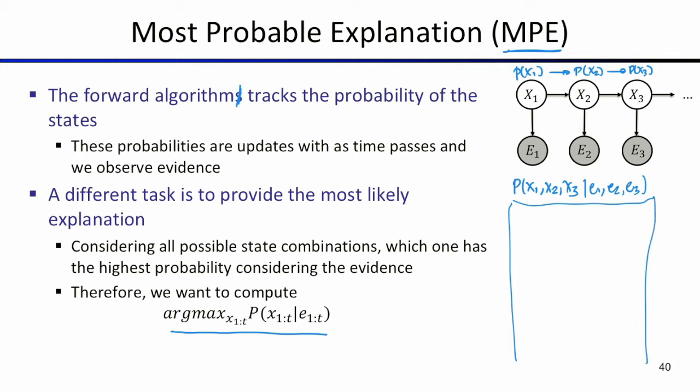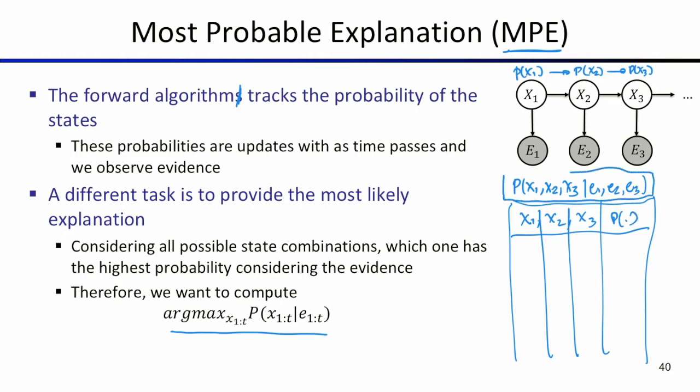And we have here the variables x1, x2, x3, like columns in the table, and we also have the probability, and the probability is this guy here, right? We observed these variables, so they will not be represented here as columns because we have already observed them, so they are going to be fixed values.